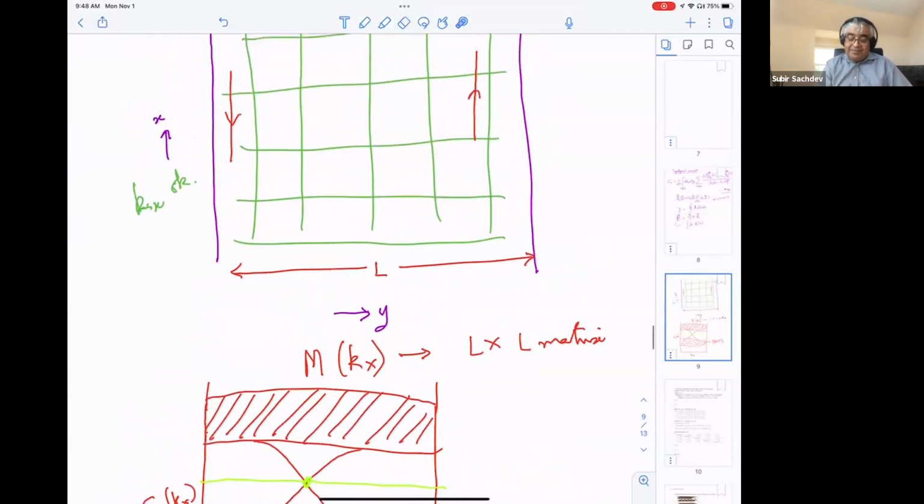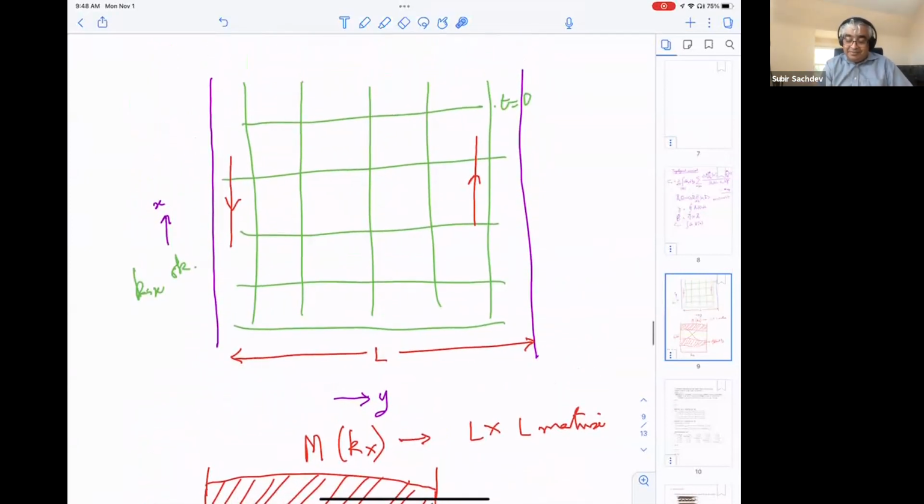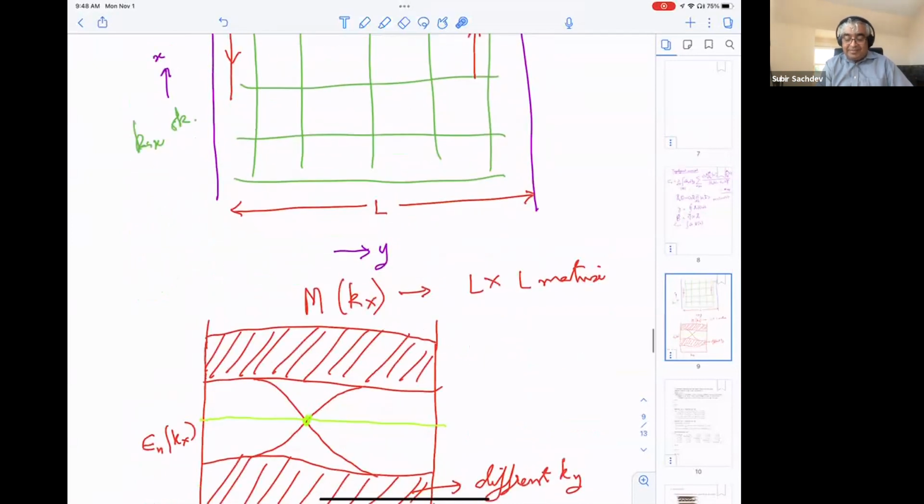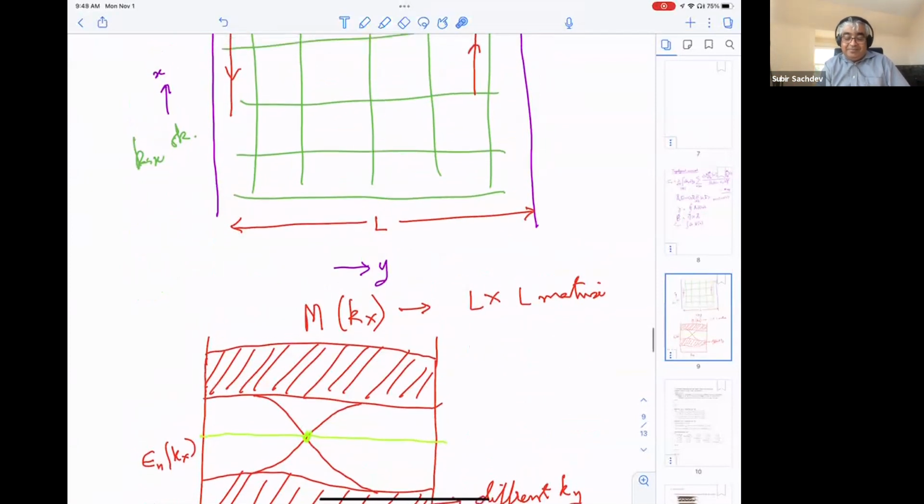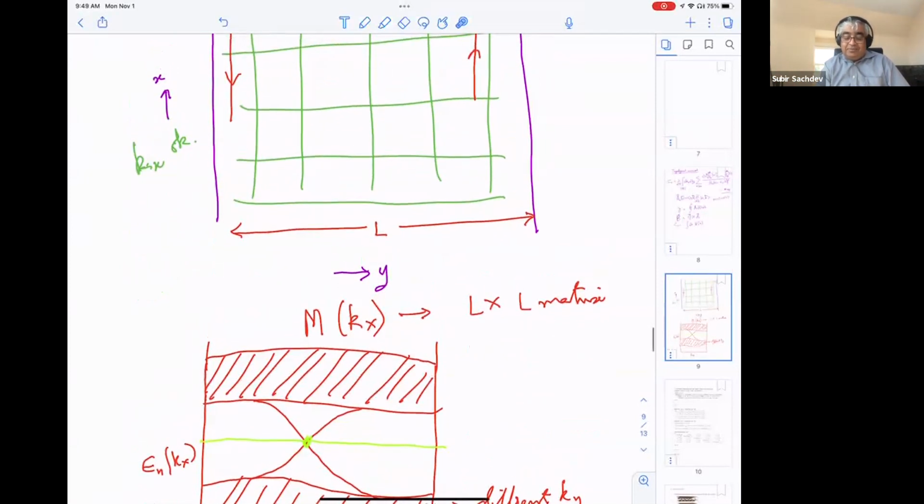Okay, before that, one more thing I wanted to mention, an interesting point about the power of this very beautiful numerical calculation: this is how Kane and Mele first discovered that there was another invariant, which is now called the Kane-Mele invariant, which in fact has only two possible values, and that's why it's called the Z2 invariant.